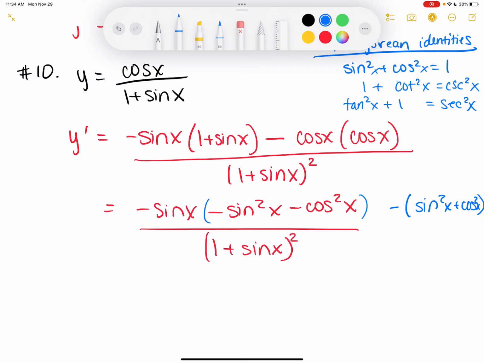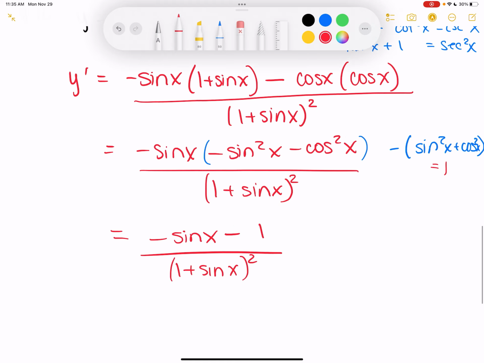So then I can use my identity and replace sine squared of x plus cosine squared of x with 1. Okay, you see this? So now I can do negative sine of x. The negative sign is pulled out. This is replaced with 1. So minus 1 over 1 plus sine of x squared.